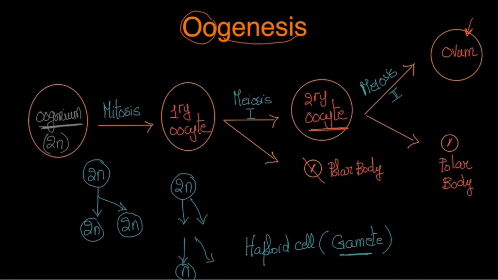You see on here, this doesn't essentially take place all the time. So for example, the mitotic cell division here of the oogonium that allows the formation of primary oocyte only takes place before birth. It will stop after birth.